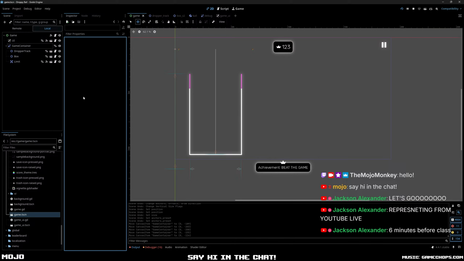What's wrong now? What does this do? This puts it in the center, but it's getting the bounds wrong still.